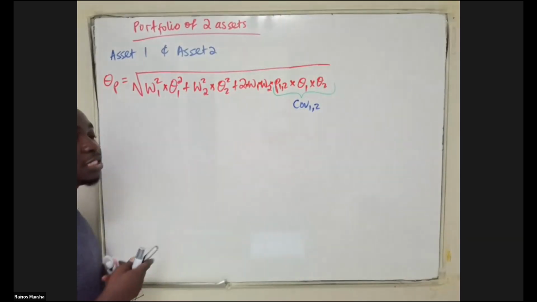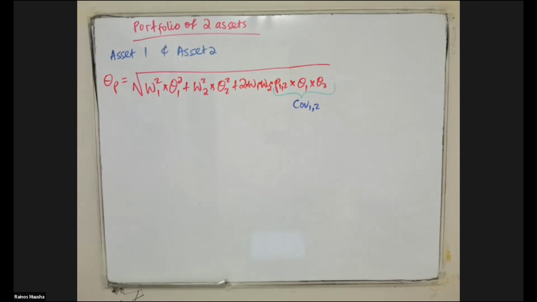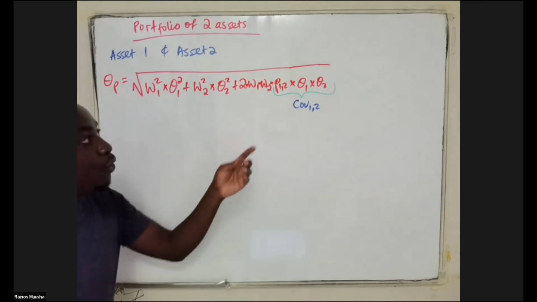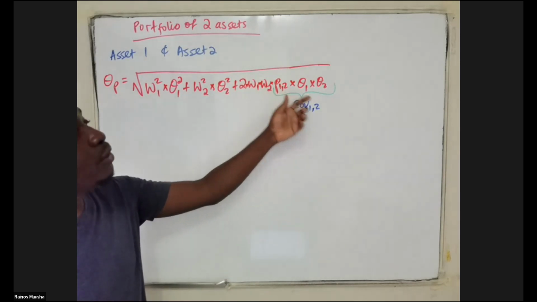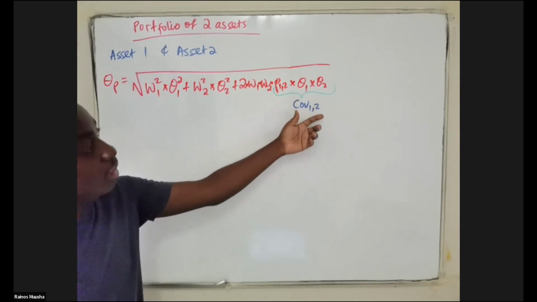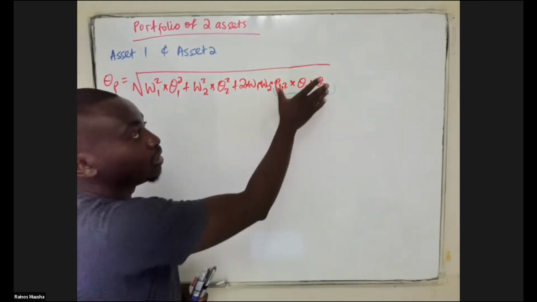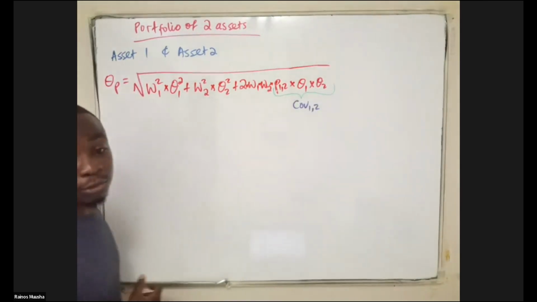Why I'm giving you this is because sometimes in the exam, instead of giving you the correlation coefficient, they will give you the covariance. So if they give you the covariance, you know this part of the equation is already done for you.